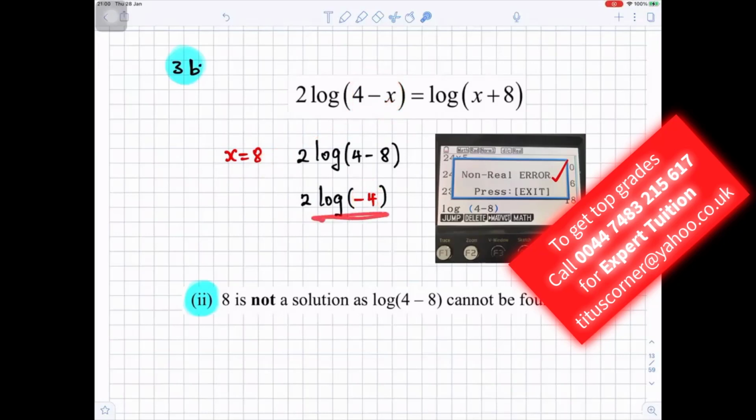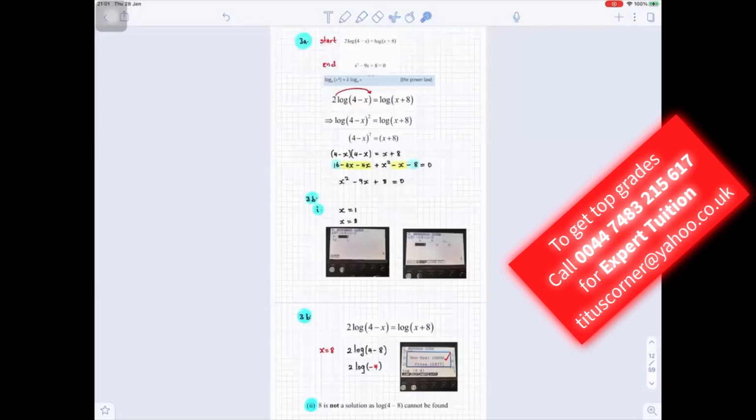And when you find log of minus 4, you put it in the calculator, it gives you a non-real error. That means you cannot find it. So 8 is not a solution, as log of 4 minus 8 cannot be found. So that's your complete answer for question 3a and b.